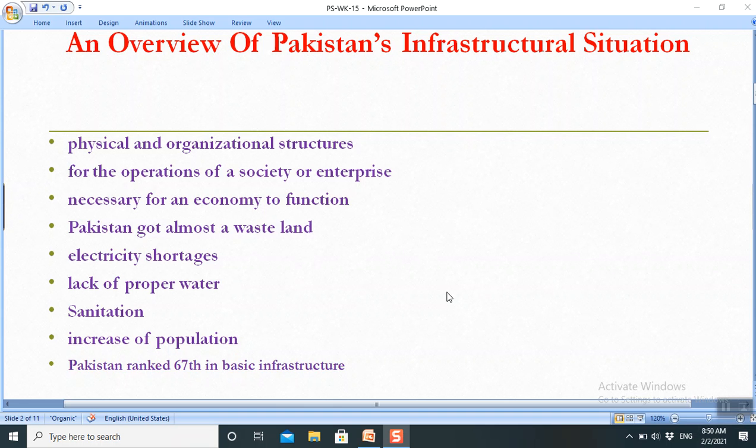Plus, it was 1947 and the World War had just ended. And in the division of assets, Pakistan was provided outdated, almost worn out military equipment.